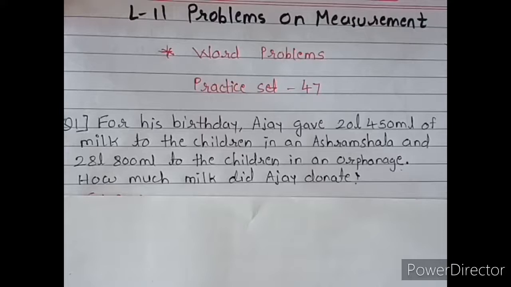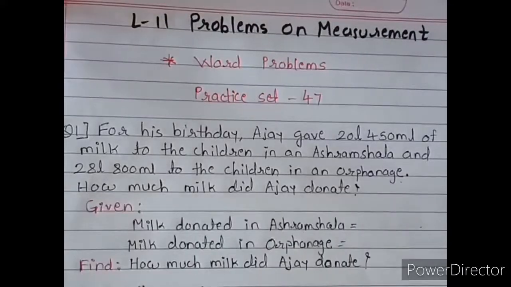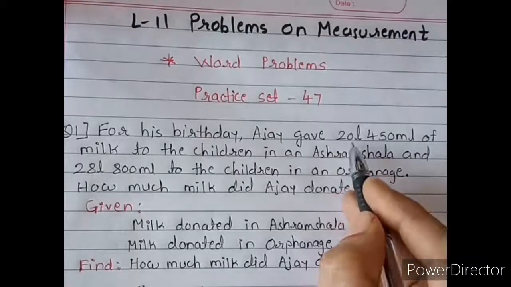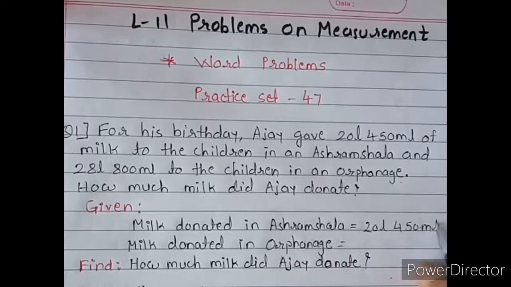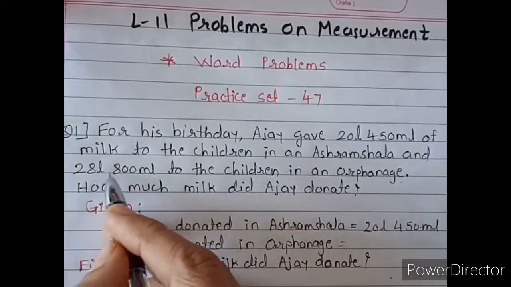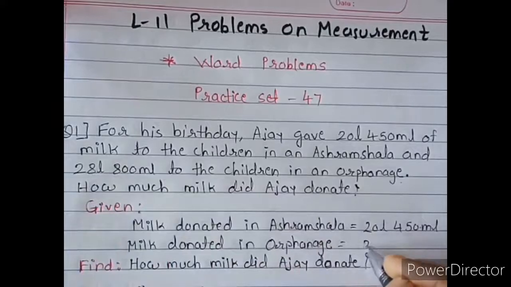So let's write the given things. Milk donated in ashram shala. How much is it? 20 liter 450 milliliter. And he has also donated milk to the orphanage. How much is it? 28 liter 800 milliliter.